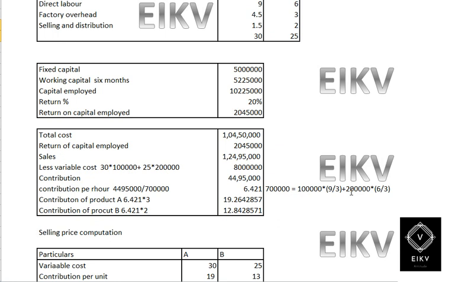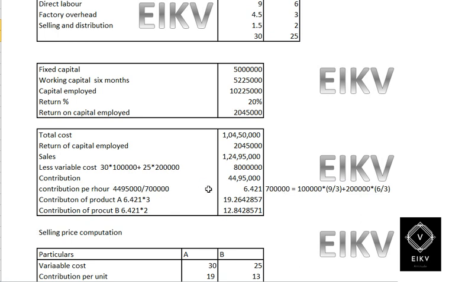Therefore 9 divided by 3 will give you 3 as the labor hours, and for product B we have 6 as the labor cost, divided by 3 as the labor rate. Therefore 6 by 3 will give you 2 as the labor hours. So for manufacturing 1 unit of product B we need 2 hours. Therefore 1 lakh into 3 plus 2 lakh into 2 will give you 7 lakh as the total.